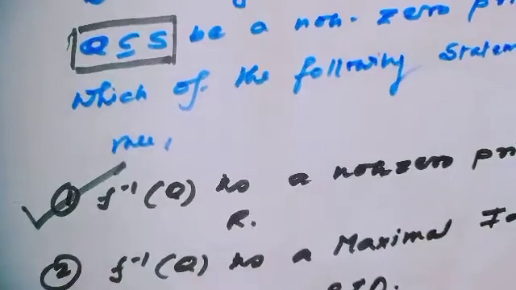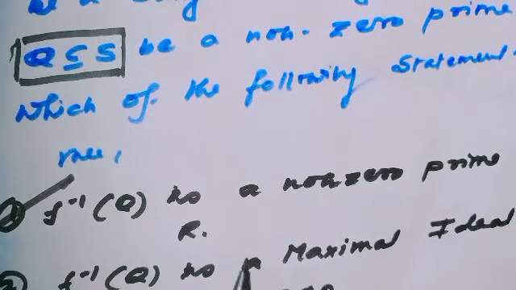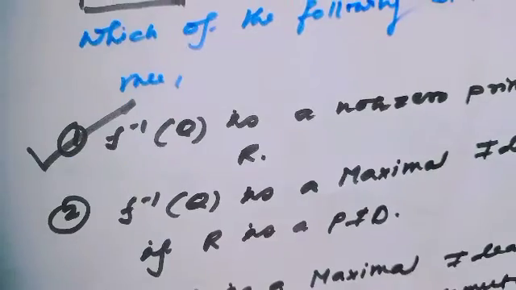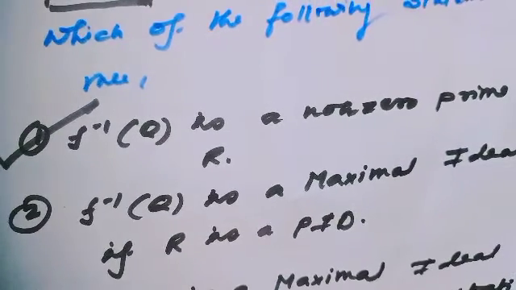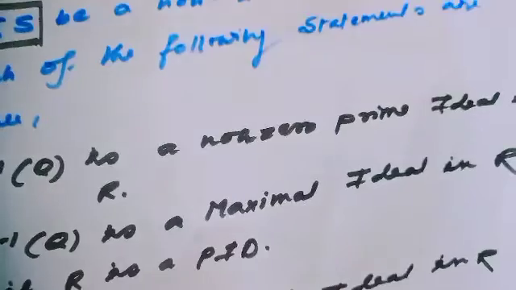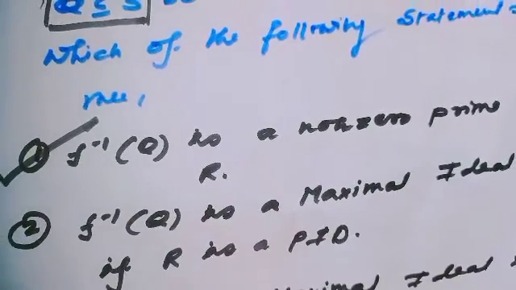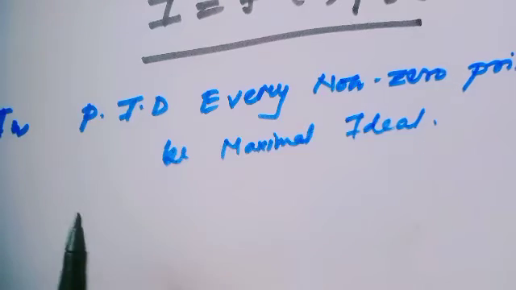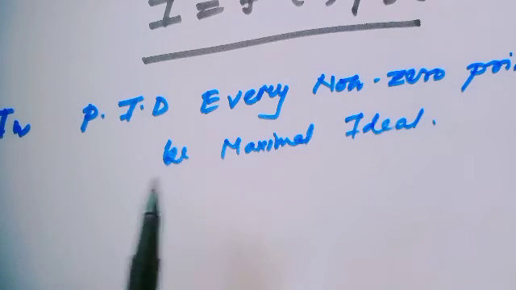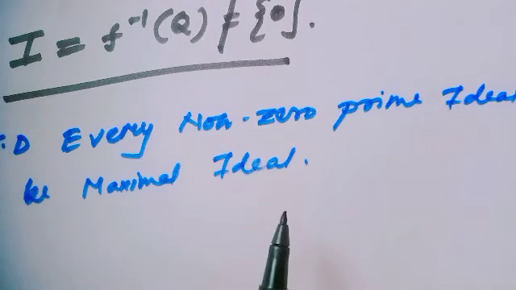First option B is a right option: F inverse Q is a non-zero prime ideal in R. Second option: F inverse Q is a maximal ideal in the ring R if R is a PID. This option is obviously true, because we all know in a PID every non-zero prime ideal is a maximal ideal.